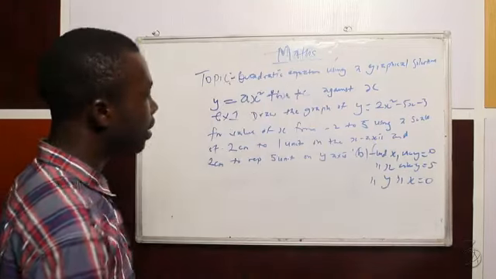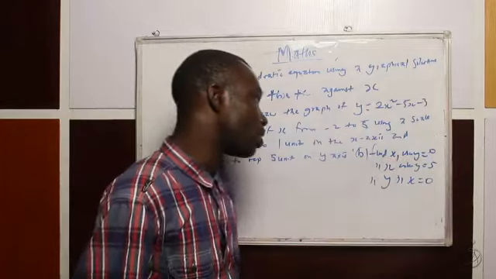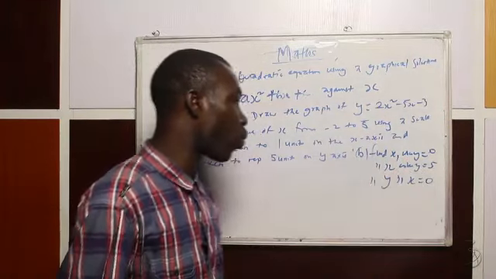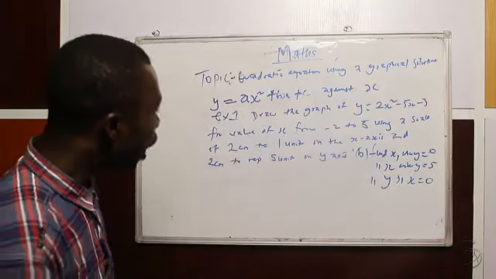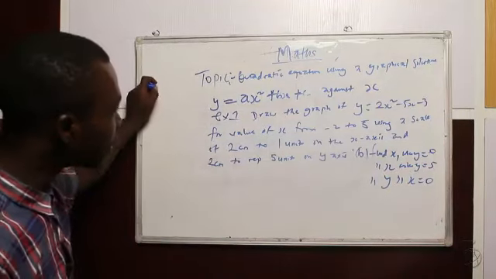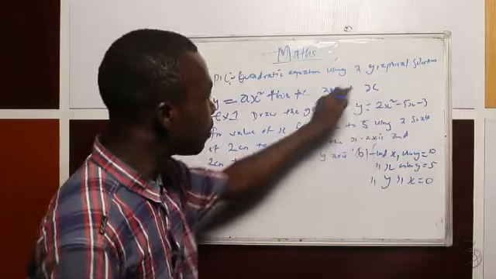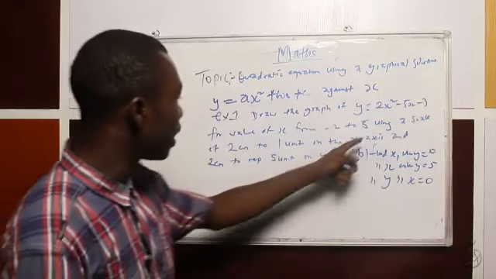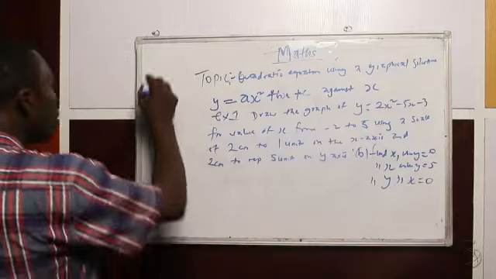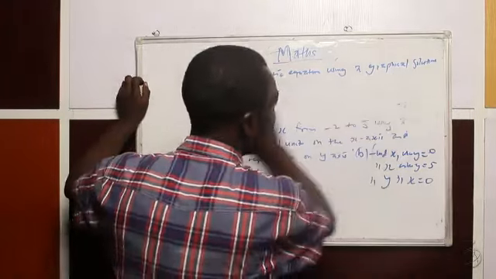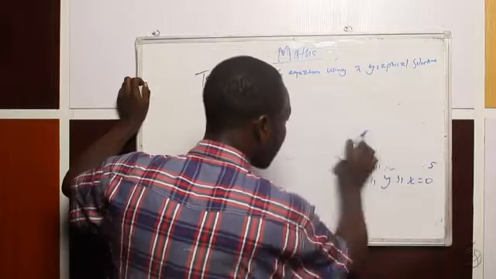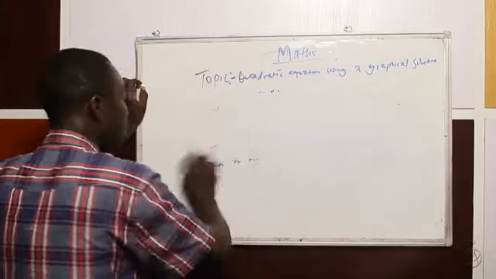So these are the three things: find x when y equal to 0, find x when y equal to 5, find y when x is equal to 0. How do we go about these questions? Because the equation has been given and the scale has been given, we have to note all these things that are very important for us so that we will not make mistakes.